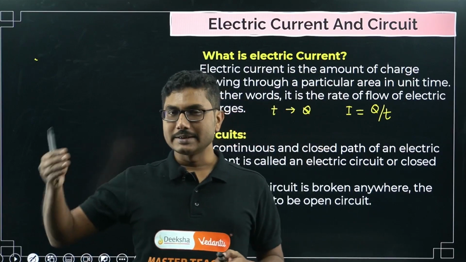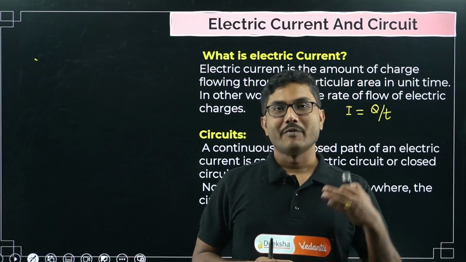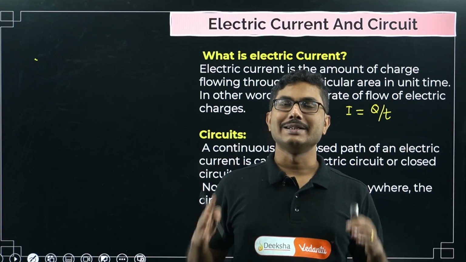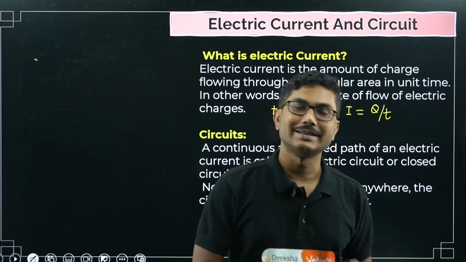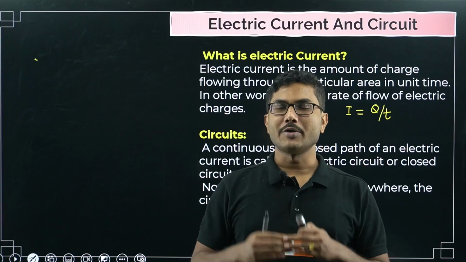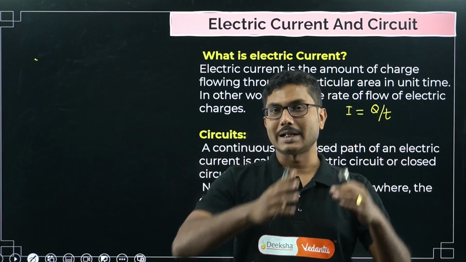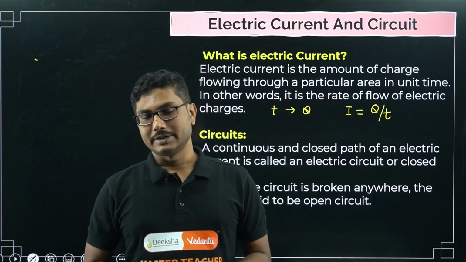Load shedding is a slightly different issue. Power cut is a very common thing where the circuit is disconnected and you are not getting electricity to your home. Electric power we will discuss tomorrow, but for now remember that if the circuit got disconnected, you will not get the current.